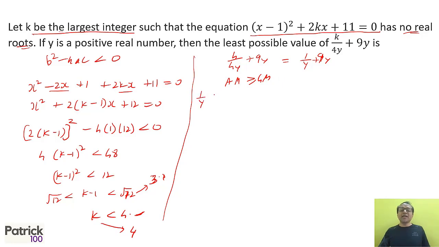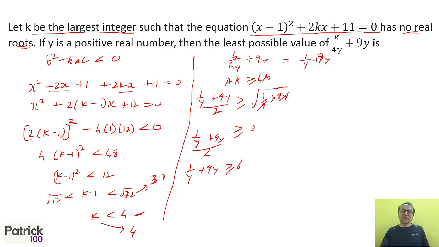So 1 upon y plus 9y upon 2 is more than or equal to root of 1 upon y into 9y. Y gets cancelled, root 9 is 3. So 1 upon y plus 9y will be more than or equal to 6.